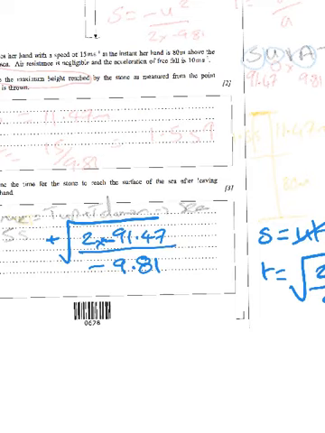So we end up with a value of 4.32 seconds, two significant figures. So we add the two together, time up plus the time down, which gives us a time from the hand to the sea of 5.8 seconds.